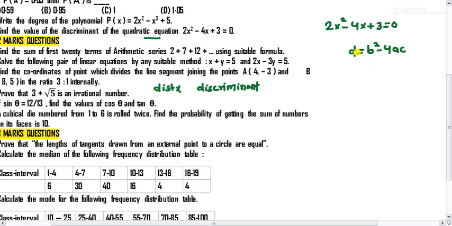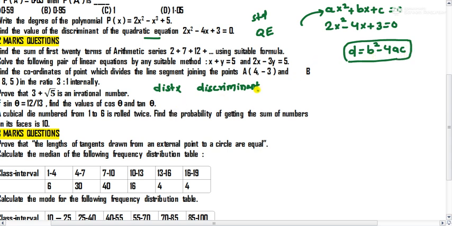Okay, this you have to use when the equation is ax square plus bx plus c equals to 0. See, this is the standard form of quadratic equation. Now to find discriminant, this is the formula.